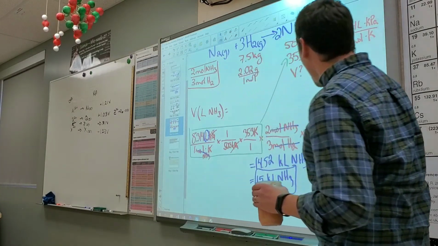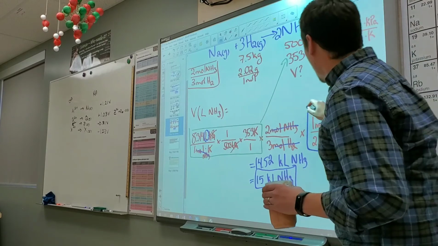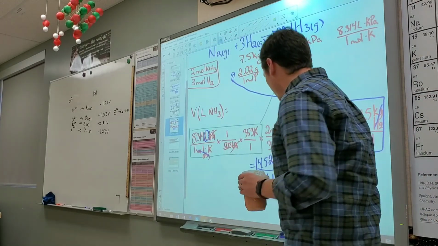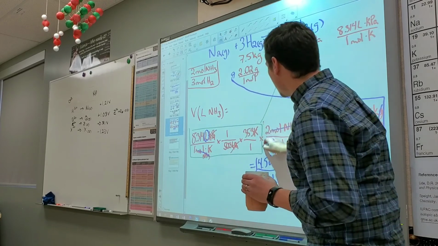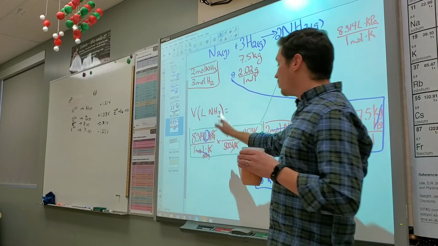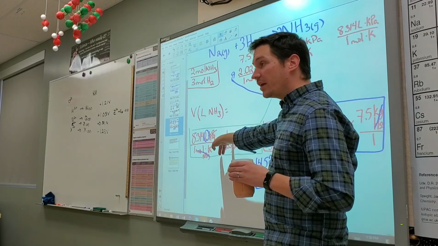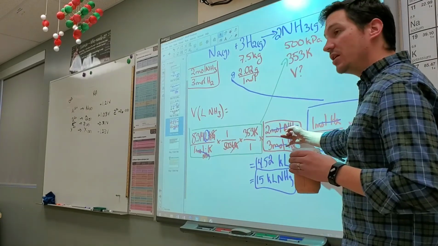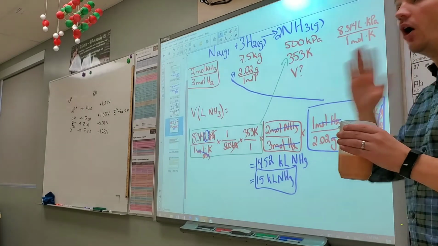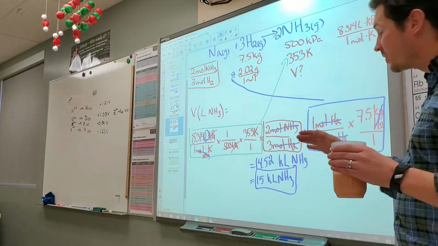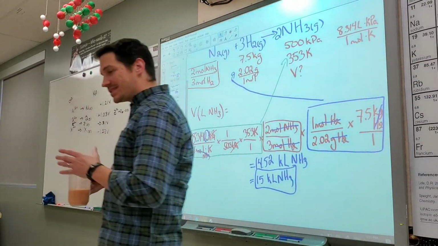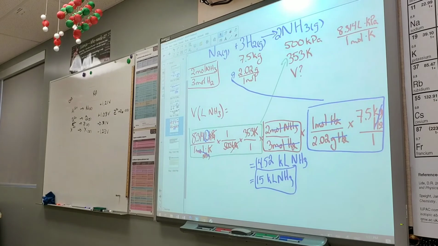All of this last stuff had to deal with the hydrogen. And anything in between is just the molar ratio, right? All we're doing here, we're calculating moles of one thing, using the molar ratio, and turning it into moles of another thing. That's all we ever do in stoichiometry. So as long as you're properly labeling your units, things will work out fine.